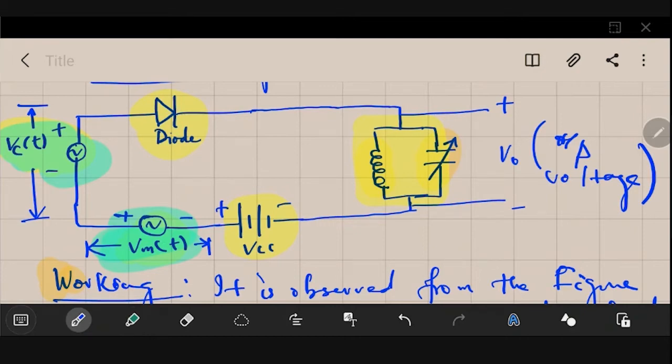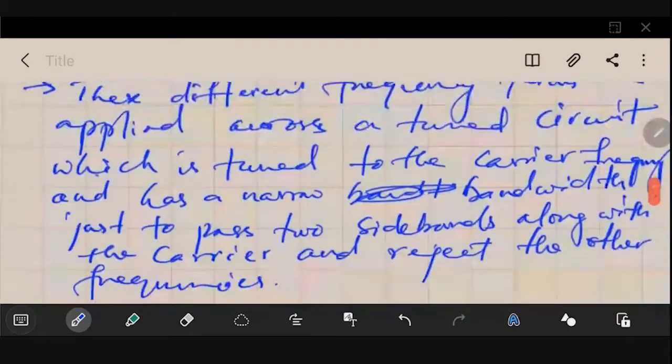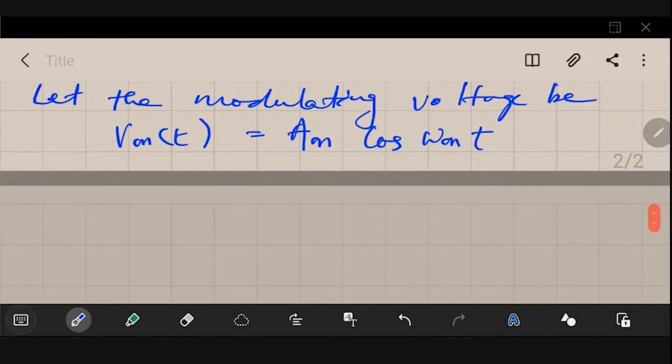That means we could write that the total AC voltage, because if we consider only the voltage, the DC will also be there.